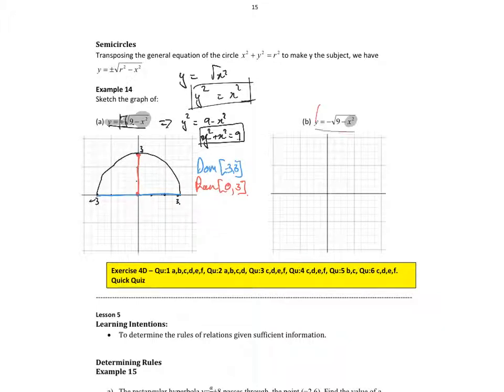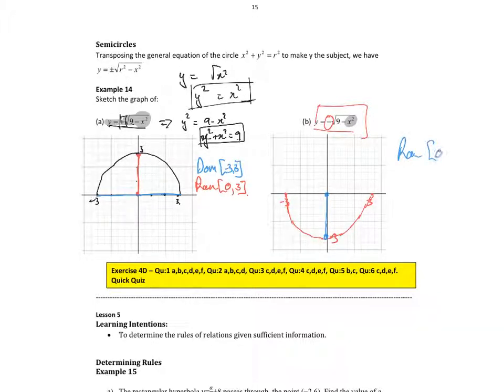Example B, what's the difference? We've got a negative sign at the front. Exactly the same function, so we're going to be at negative 3, positive 3, but this time we're sketching the bottom half. So we've got this time the range. You can see it's the bottom half.